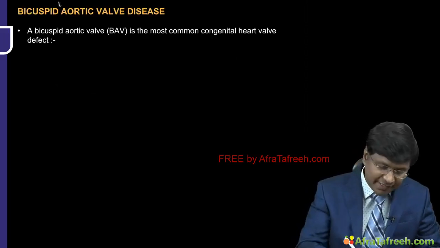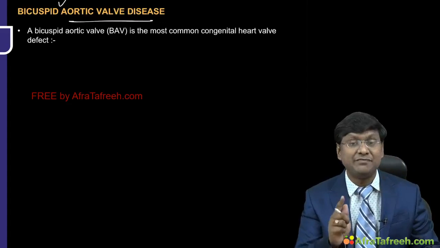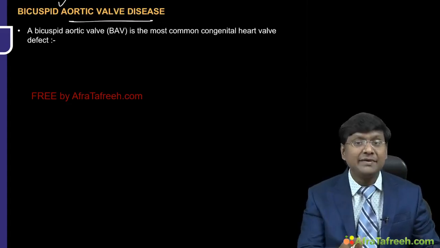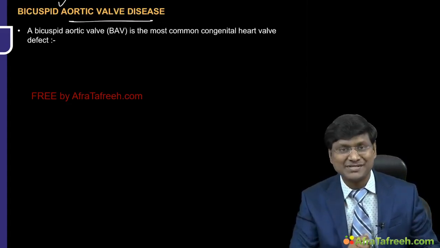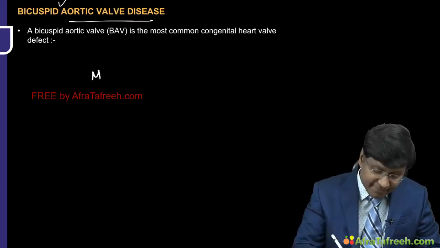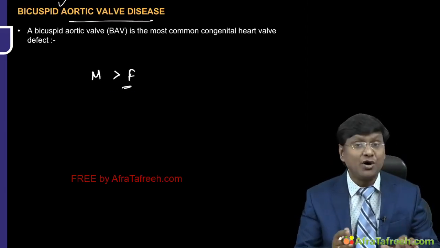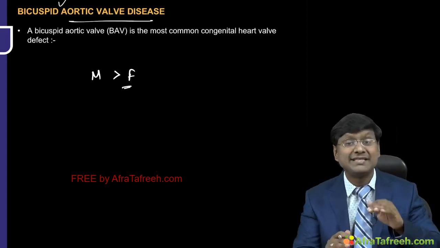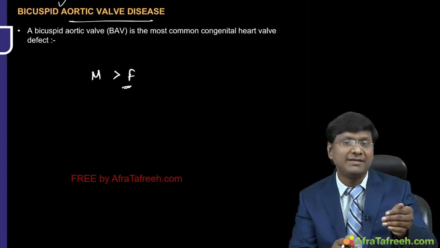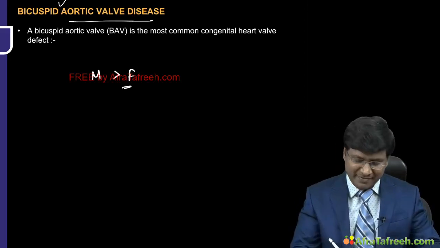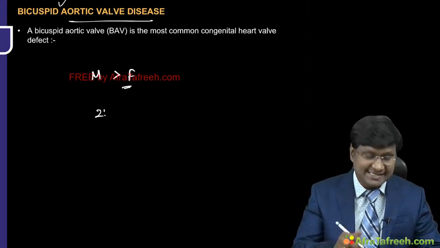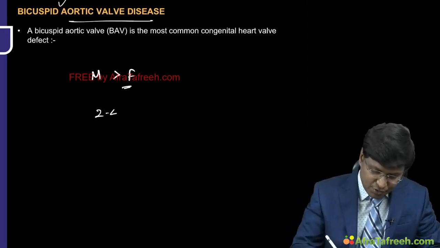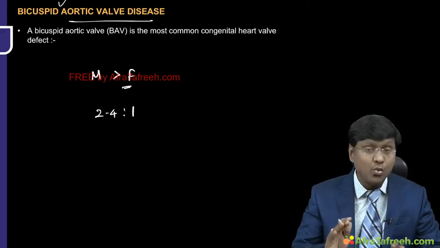Then the next important cause is the bicuspid aortic valve, very common in young individuals, causing aortic stenosis. If you take the male to female ratio of the bicuspid aortic valve, males have more predominance than females. The ratio is around 2 to 4 is to 1.